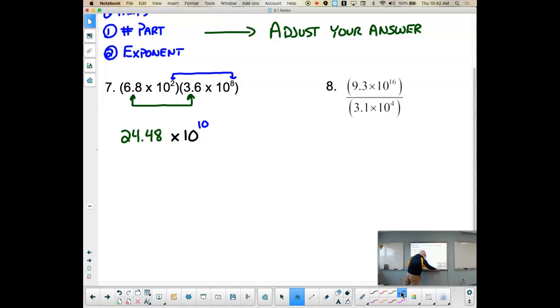So this decimal point here needs to come over one more so that I have one digit only in front, which means since I'm going to the left, I need to add 1 to my exponent. So my final answer here is 2.448 times 10 to the 11th power.